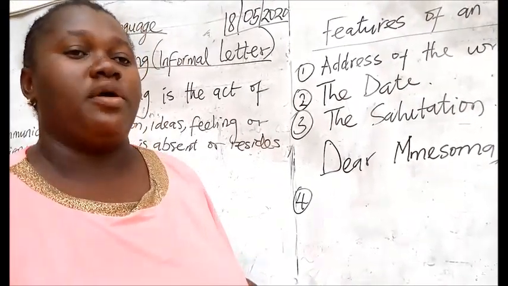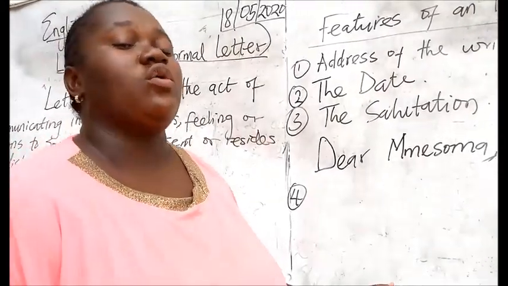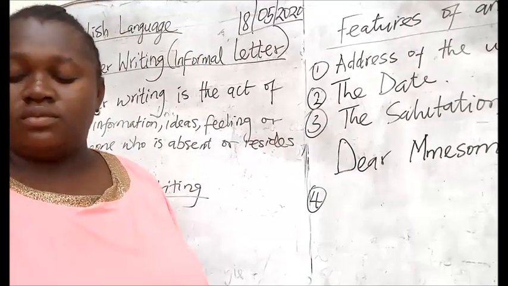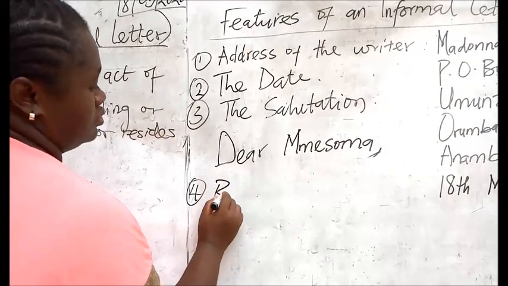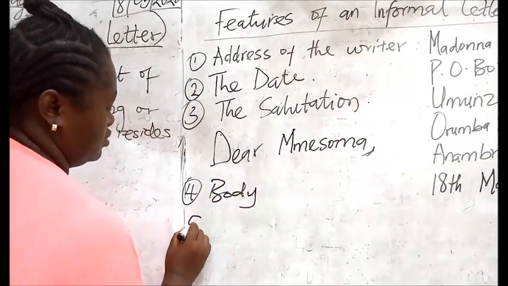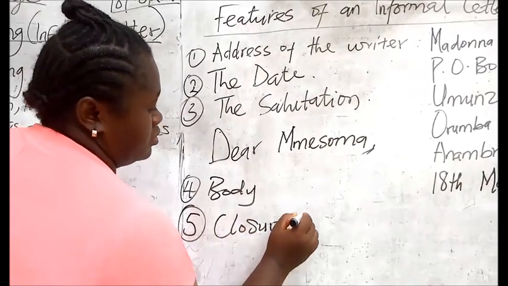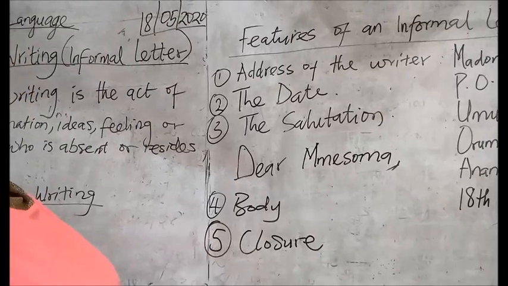If you write to your parents, send your regards to your siblings or to whomever you want to. Then after that comes the closure. The closure is either what I call the closure or the closing compliment.